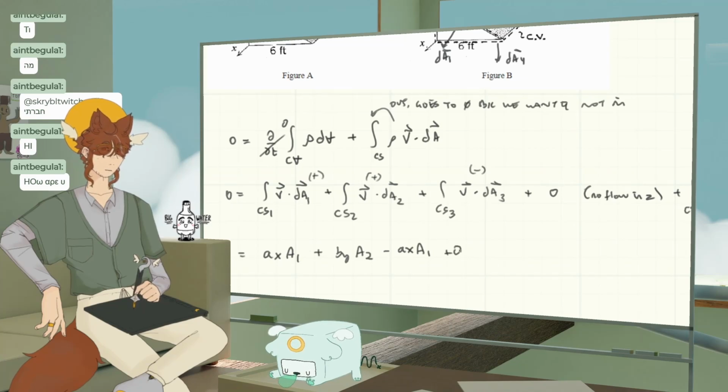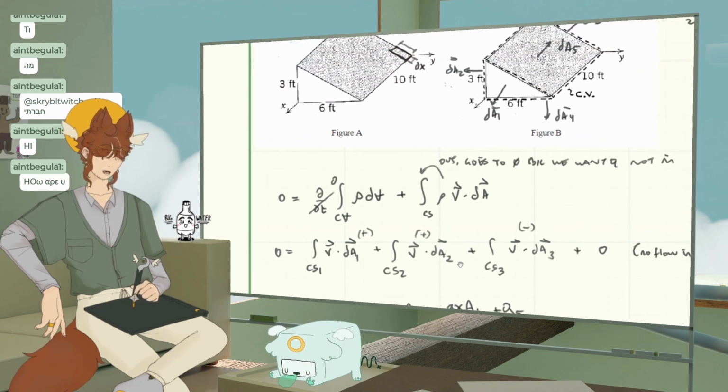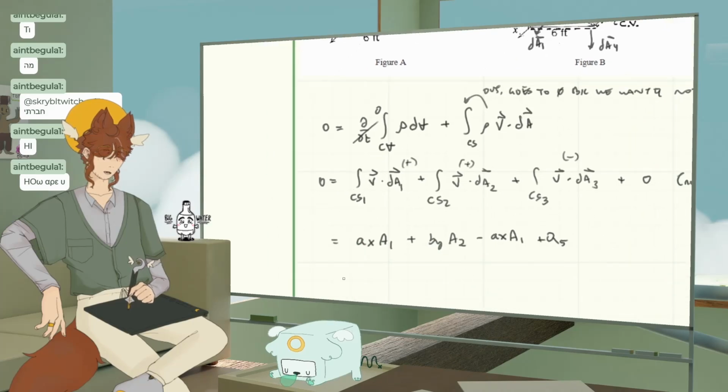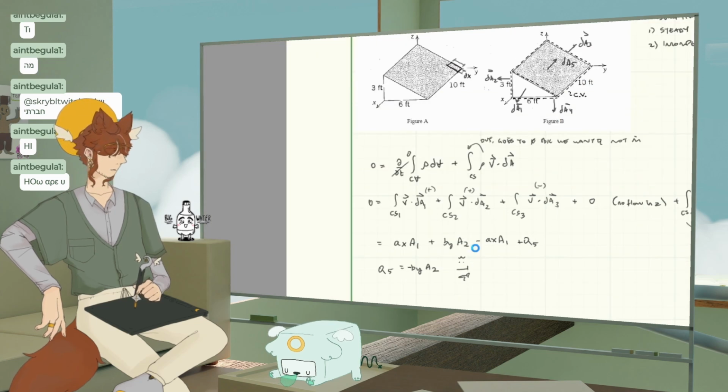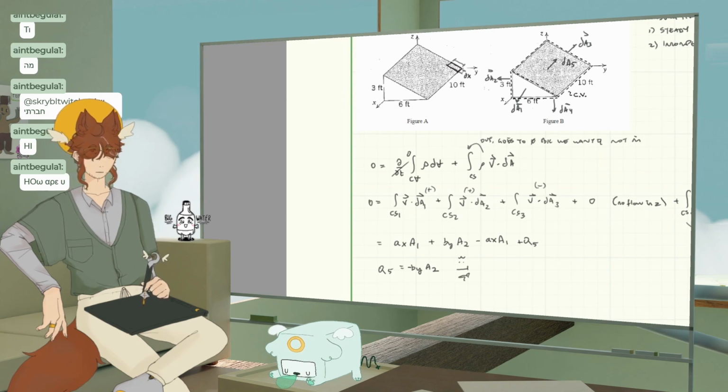Plus Q5. Maybe? I don't know. So Q5 equals BY A2? Negative BY A2? That seems wrong. But that's okay. We're just gonna call it that, and I'll update you guys when I inevitably realize that that is so wrong.